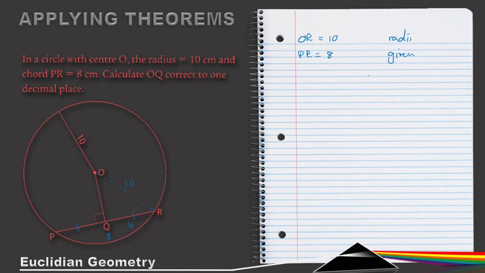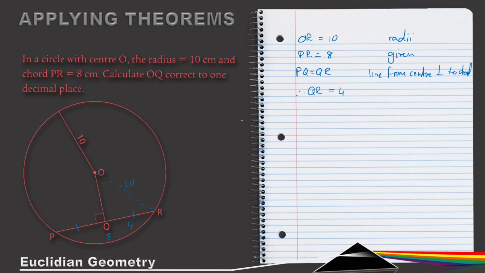And then we know that PQ is QR, and our reason is line from center is perpendicular to chord. Therefore we know that QR is equal to 4.